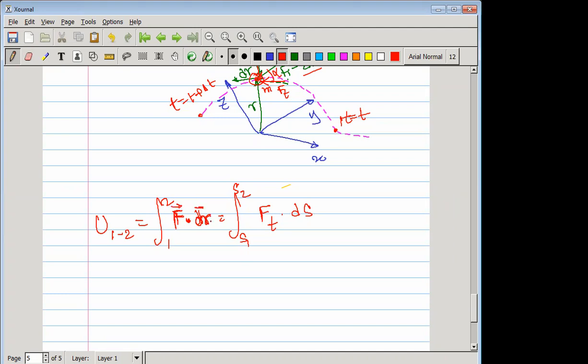F_t ds is not a dot product; ds is the magnitude of the change in displacement, that is, the modulus of the vector dr is ds. So we can write this as F_t equals mass into acceleration, times dr.